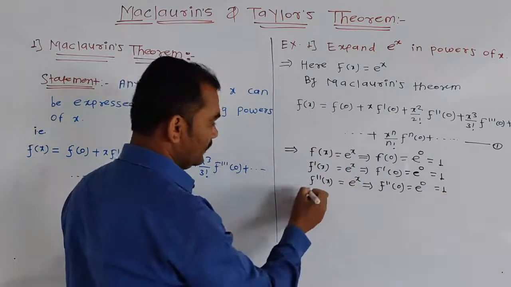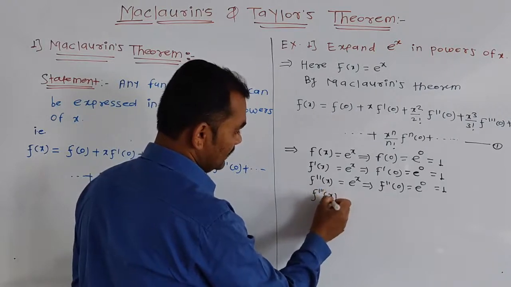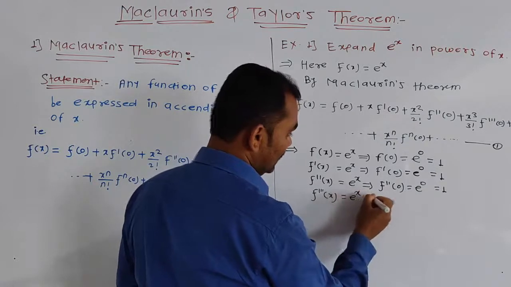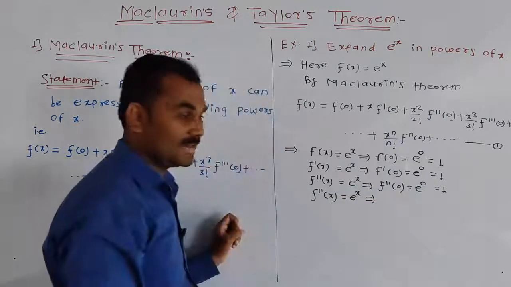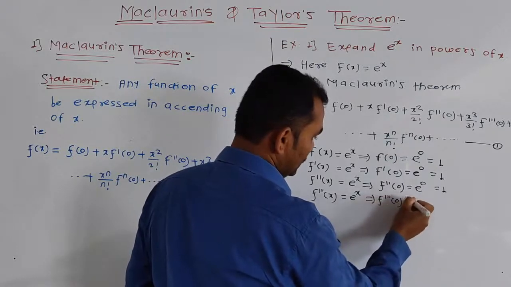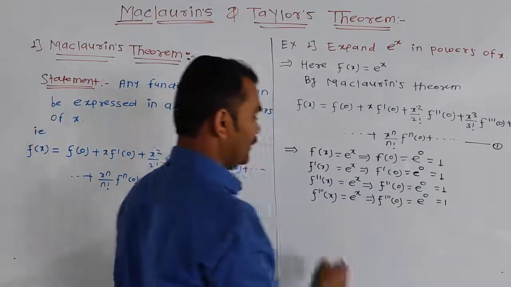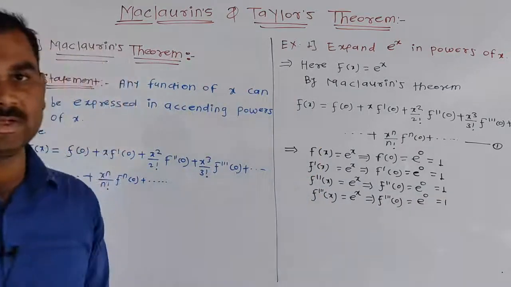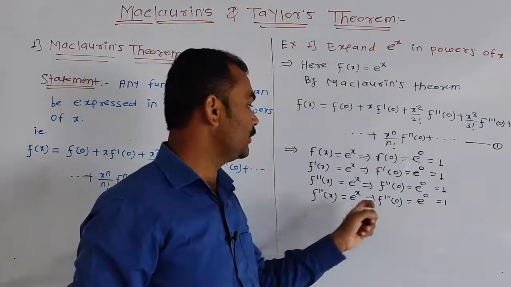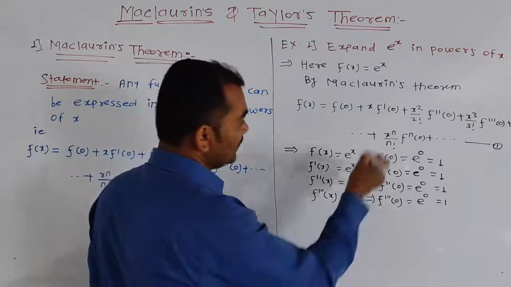Then next, f triple dash of x is equal to the differentiation of e raised to x, again e raised to x, then replace x as 0. The f triple dash of 0 is e raised to 0, which is equal to 1, correct? Dot dot dot, the nth derivative is also e raised to x. Now put all these values in equation first.